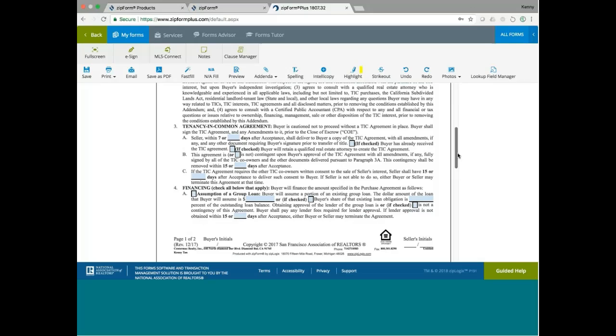B, this agreement is or is not contingent upon buyer's approval of the TIC agreement. If you represent a buyer and the buyer is going to buy a TIC interest, the buyer would have to review the TIC agreement carefully to make sure that the buyer is okay with the terms and conditions in the TIC agreement.